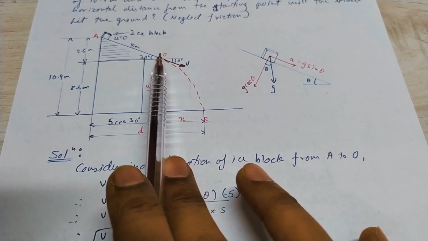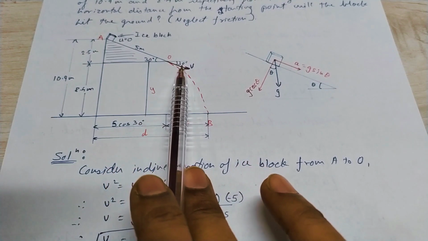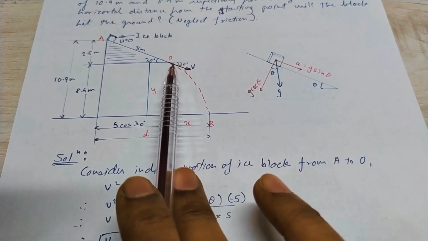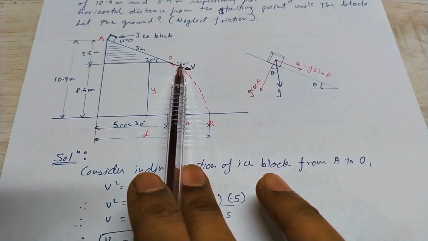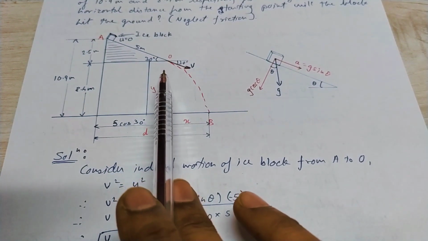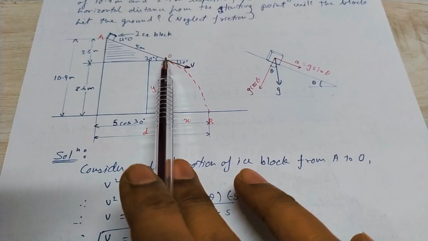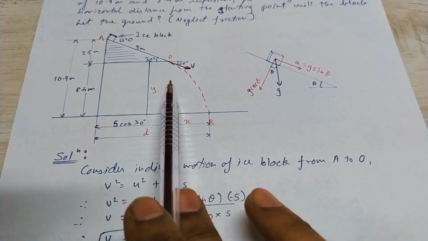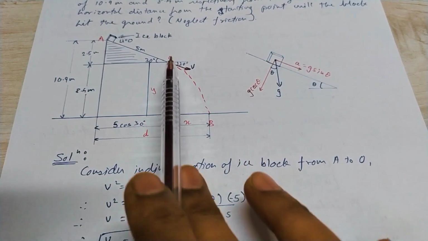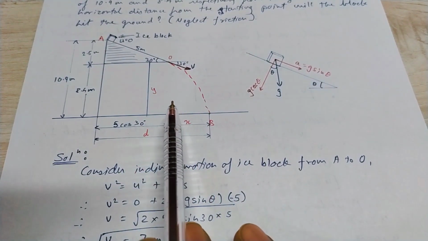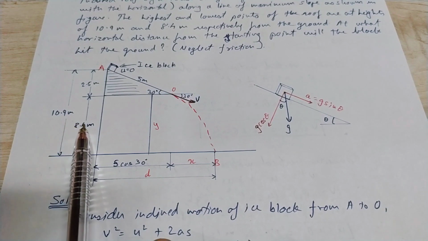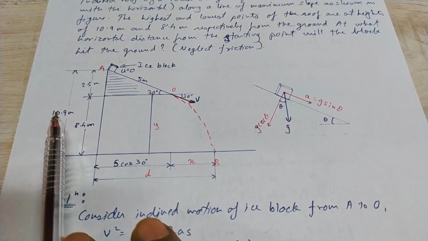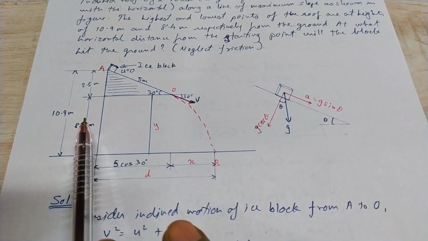You know the angle theta. Since this is 30, this will also become 30, but this is an angle of depression. So for the projectile motion this angle will be minus 30. Now if you have a look at this part, O to B, can you find the vertical distance from the point O? Here it is directly given as 8.4 meters, but in case it is not given and only the value of 10.9 is given, you can still find this value 8.4.